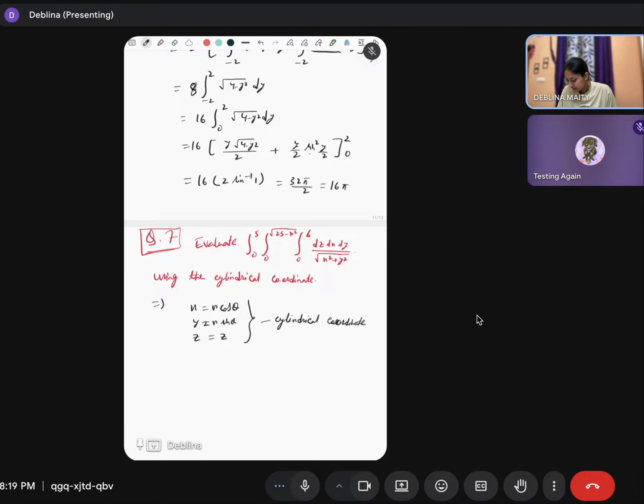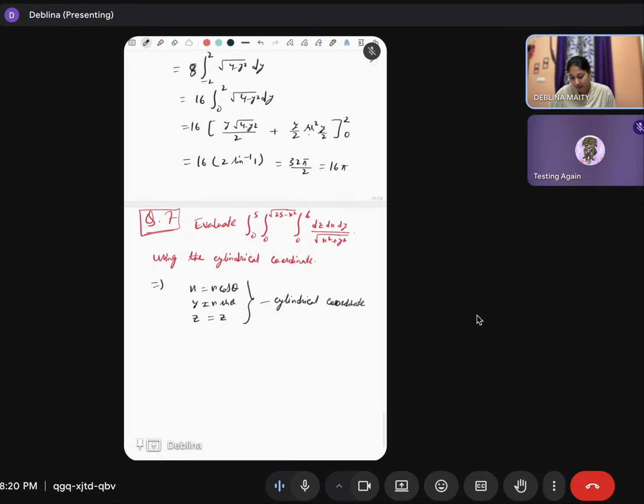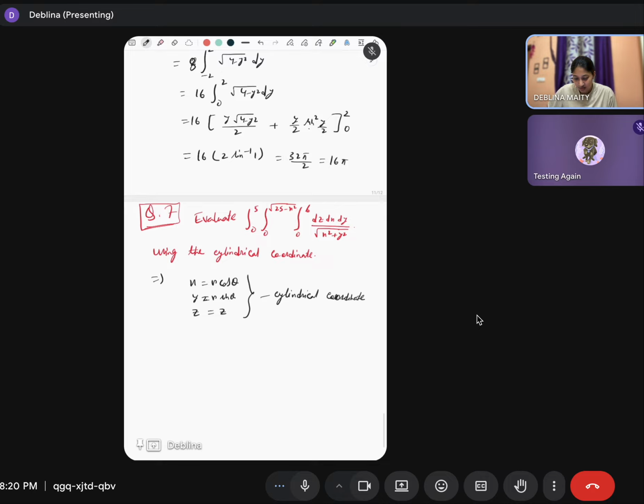Right? So now what is this region? This region we are given x runs from 0 to 5, y from this, and see here this is a form of cylinder, right? Because y runs from 0 to root over 25 minus x square.